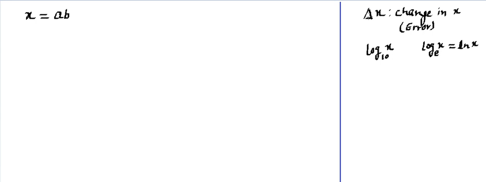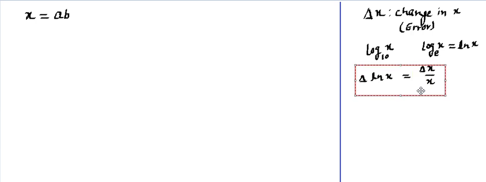Now if we apply the change operation to this logarithm function, the change in ln x is equal to change in x divided by x. You can think of this as a formula that you need to keep in mind, or learn, as of now.